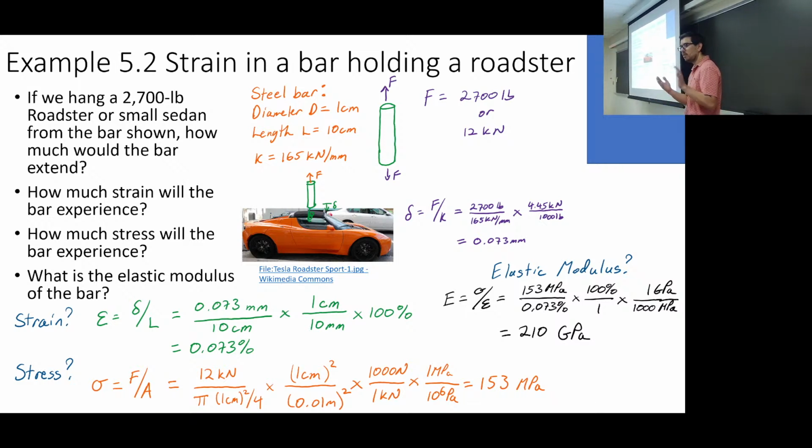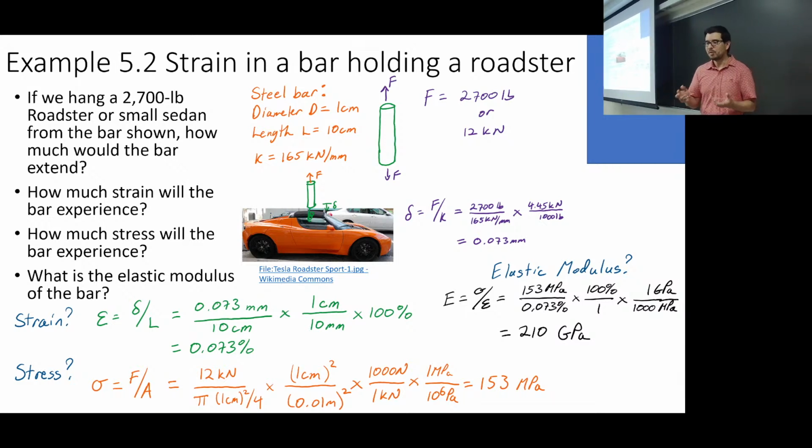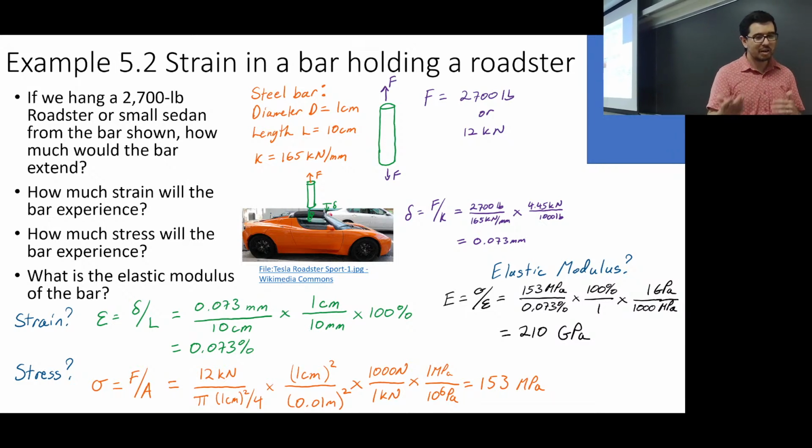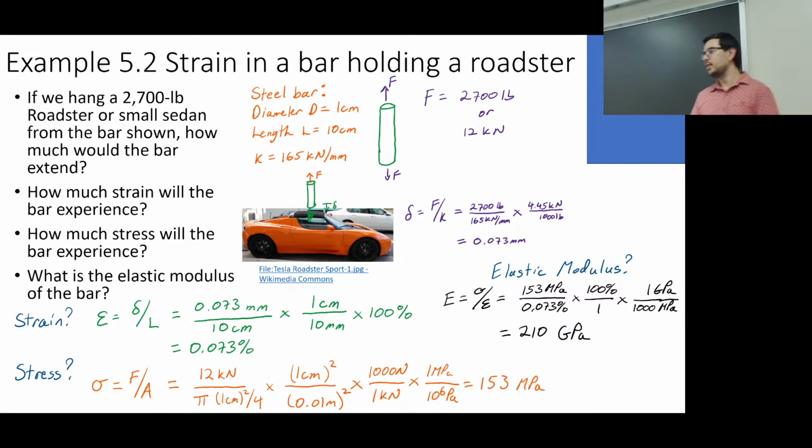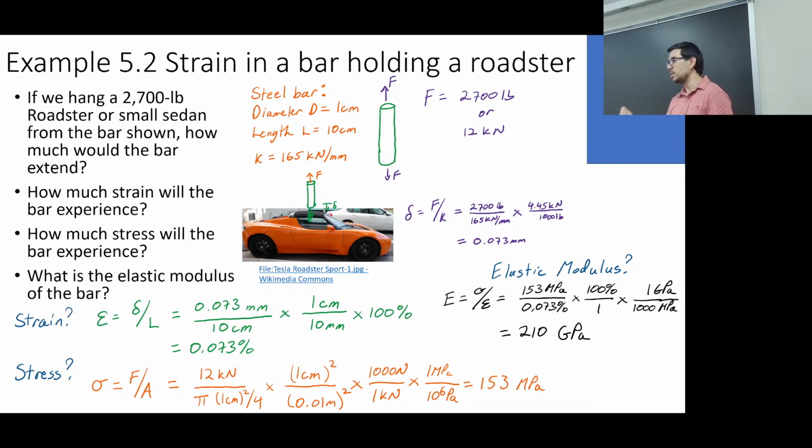What did I do to create that prior problem? I had to work backward. I said, if I'm going to hold a car with a bar, probably use steel, which has 210 gigapascals. Then I put in the dimensions of the bar and I said, that's what the spring constant has to be, because that's the elastic modulus of steel.